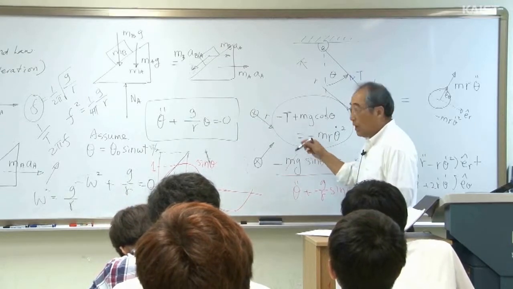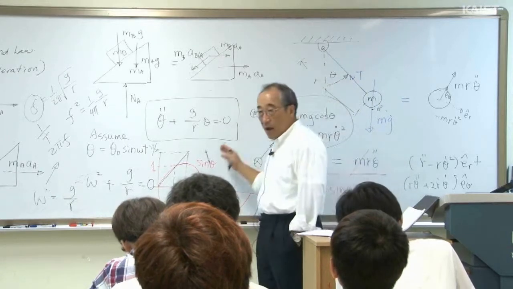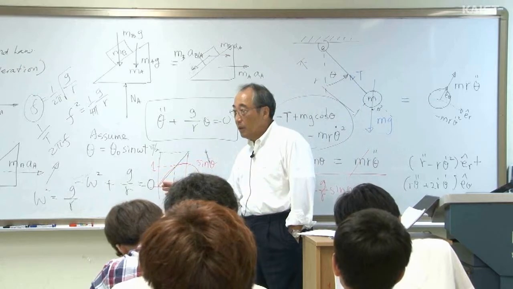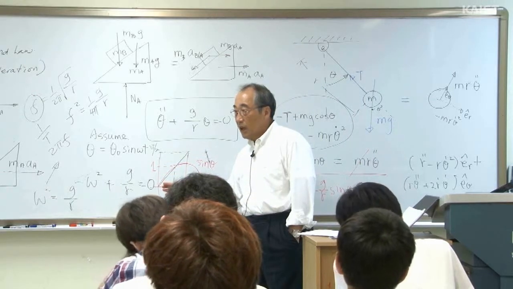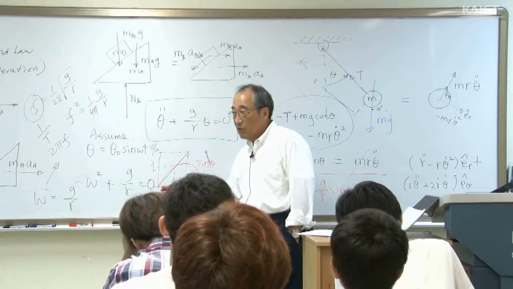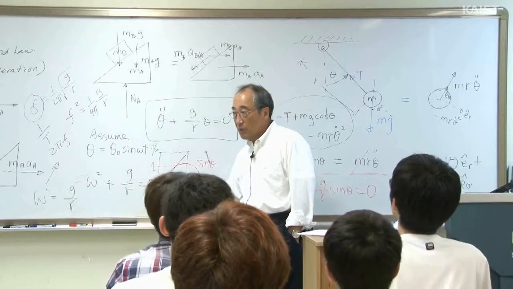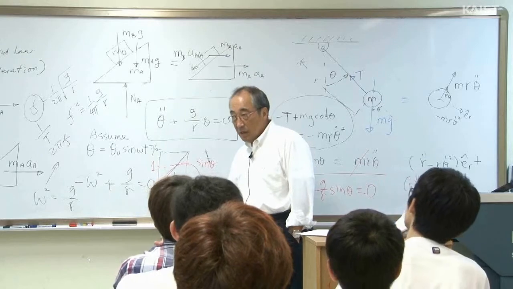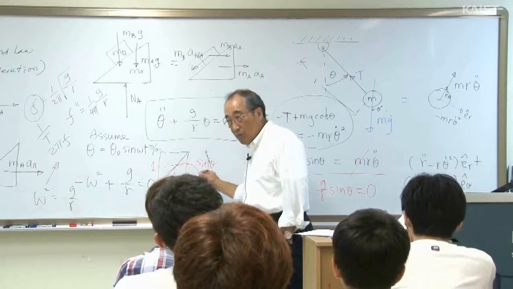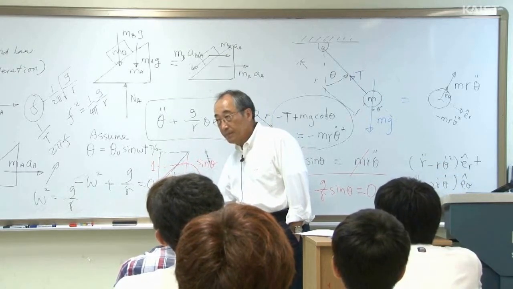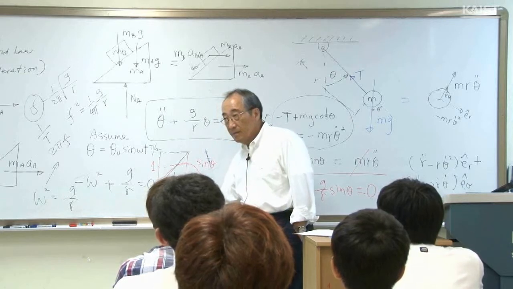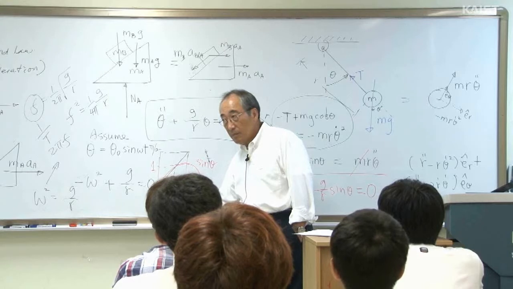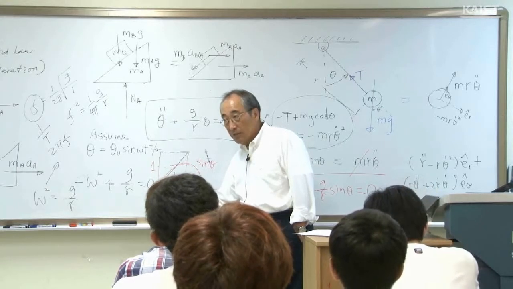Physics says when we move down at the bottom, theta dot is a velocity, right? Velocity is change of displacement. When the pendulum moves over there, theta dot is maximum.